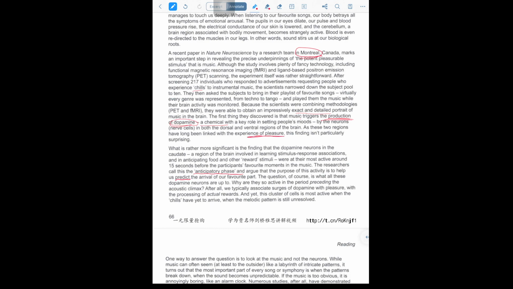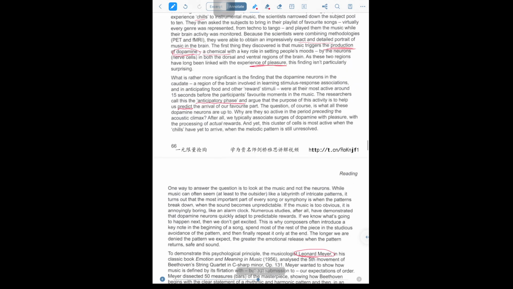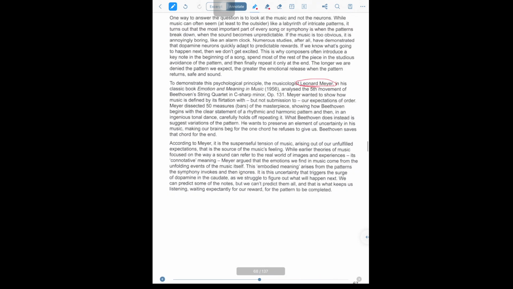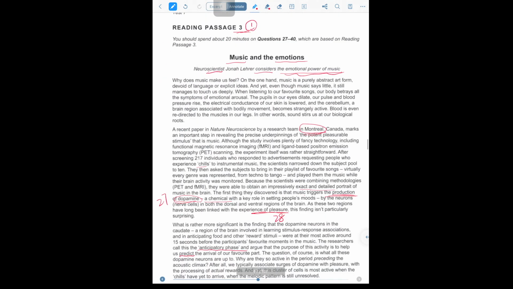Experience of pleasure. So I'd say that, which is that? This is 27 and 28. Here is what I mean by numbers. So, see, I have located the answer for question number 37, release a substance called something, and associated with feeling.